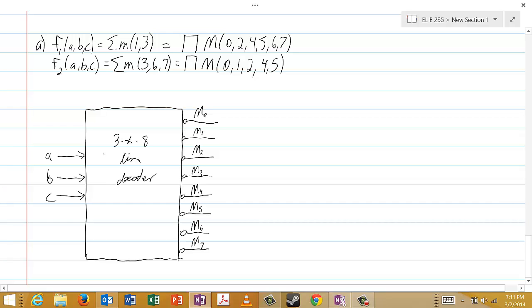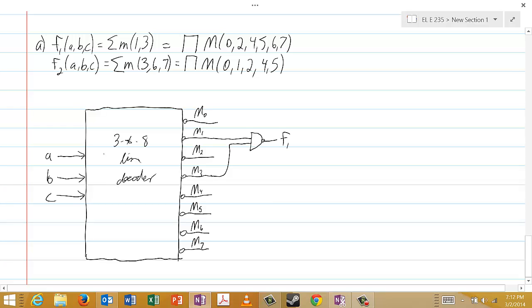And so immediately we think, well, isn't there an easier way? And the answer is yes. If we instead will simply NAND together max term 1 and max term 3, we will get the correct function.